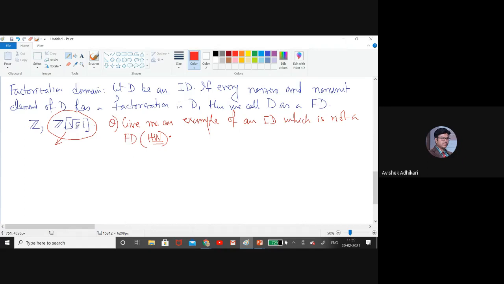Of course, this is an example of a factorization domain. Of course, this is an FD, but it has some special property. For example, suppose I take 6.